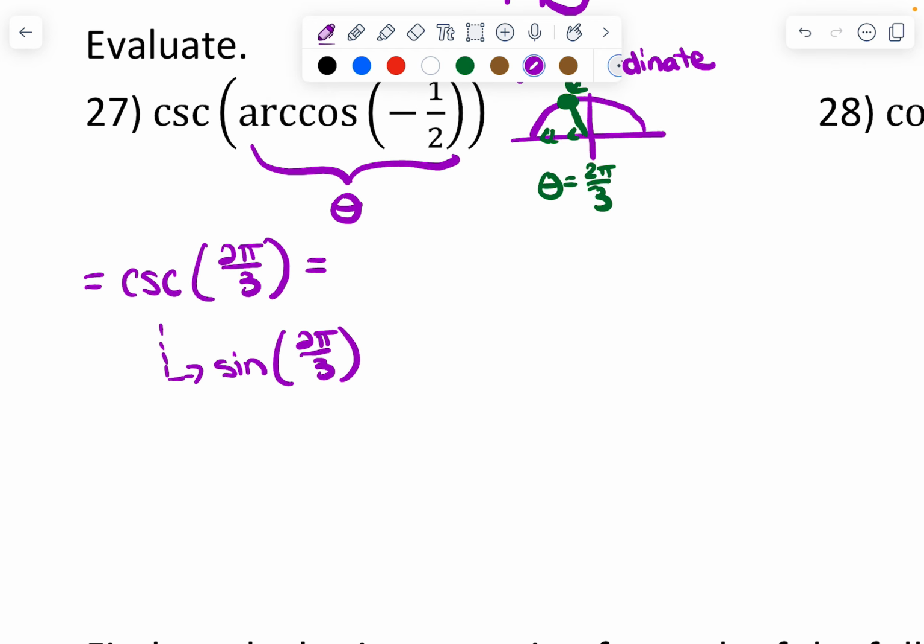If I think of sine of 2 pi over 3, that's going to give me √3 over 2. Now, cosecant is the reciprocal of sine, and sine is the reciprocal of cosecant. So that means I can take this and I can flip it, and it will become the ratio for cosecant, which is 2 over √3.